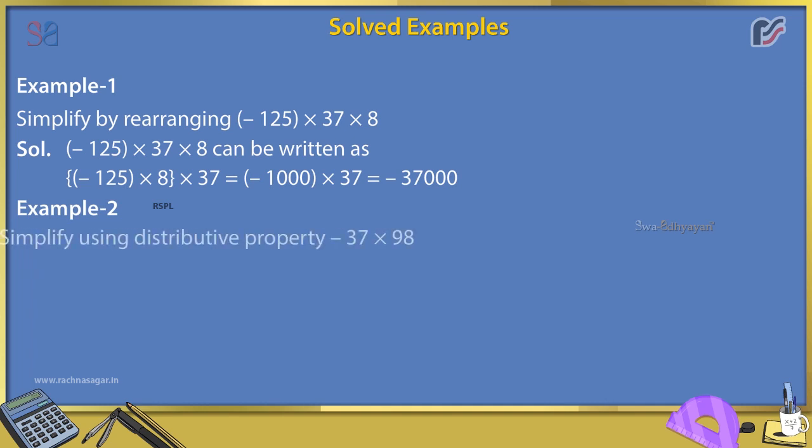Example 2. Simplify using distributive property. Minus 37 into 98.